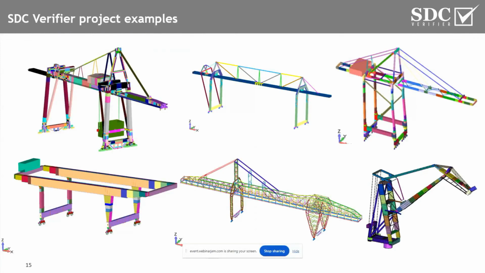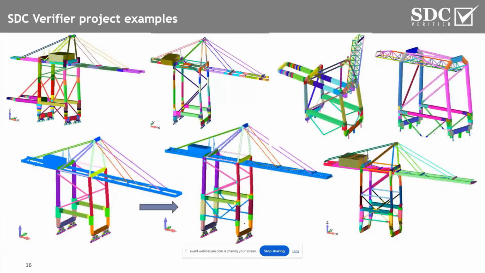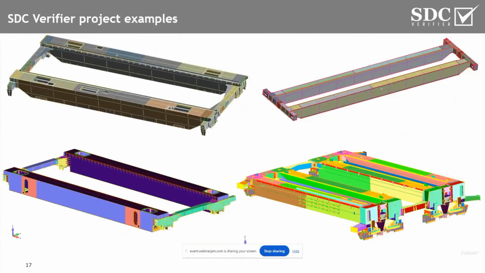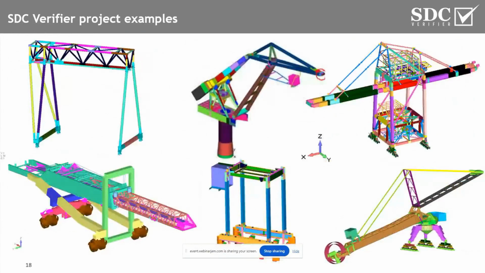So starting from simple ship loaders, STS cranes, jib cranes, RMG cranes, different kinds of port cranes, including different configurations and modifications, also overhead cranes, various portal cranes, floating cranes, ship unloaders, stacker reclaimers, straddle carriers, all these kinds of things, they sum up and raise a single question: do we really need this FEA approach? And why do we need it? Why can we not just use a more simplified traditional method following simple rules?